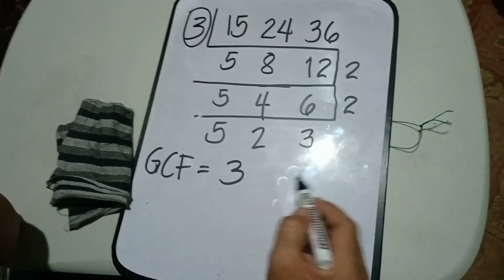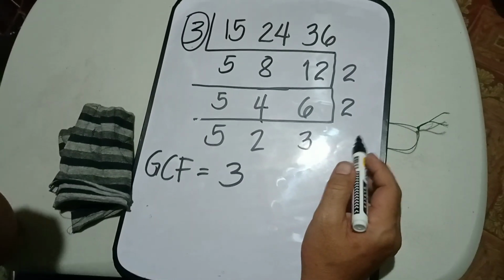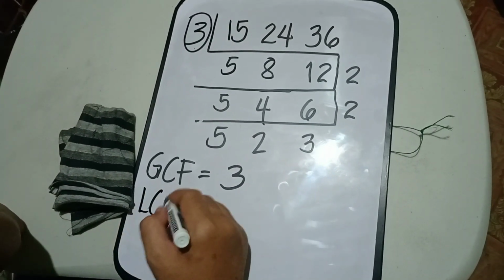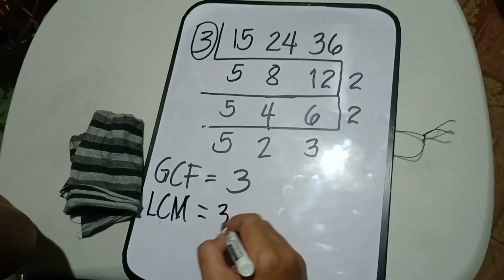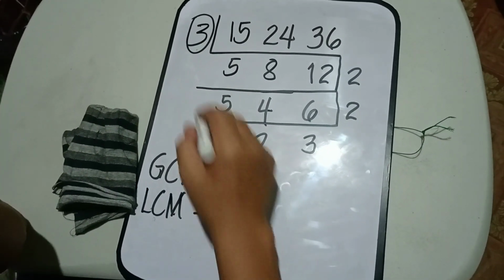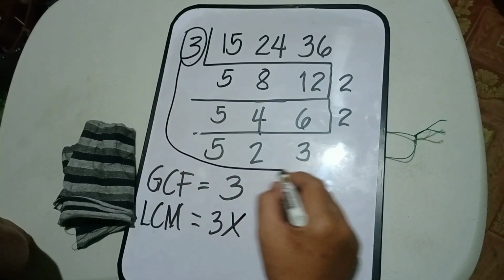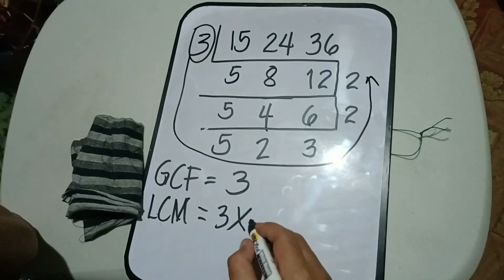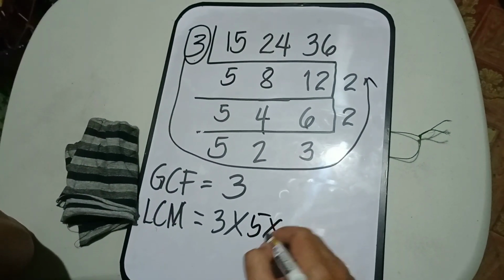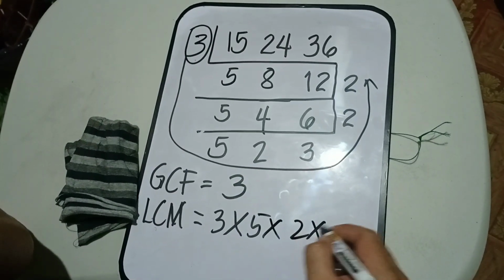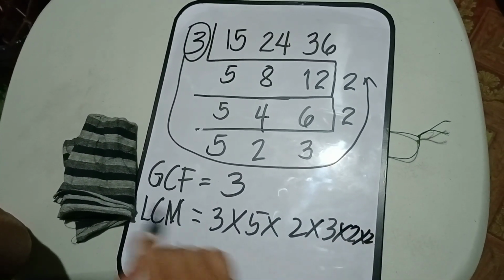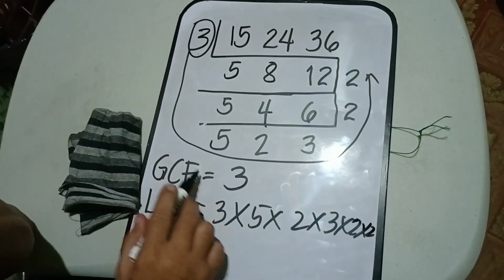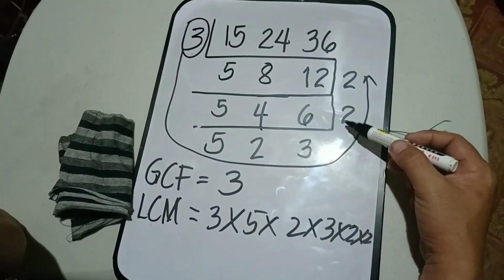Ngayon kung dalawa yan, 3 times and something. Pero wala. So, LCM natin ay 3 times kasama lahat to. No? 5 times 2 times 3 times 2 times 2. Ayan. 3, 5, 2, 3, 2, 2.